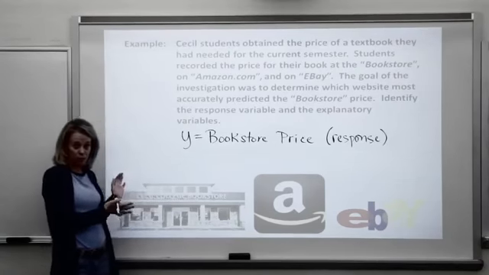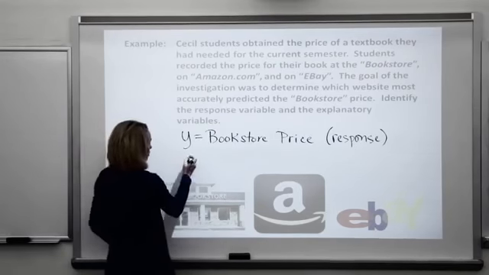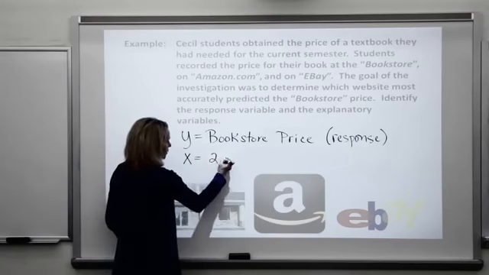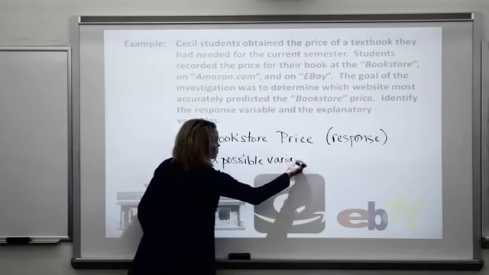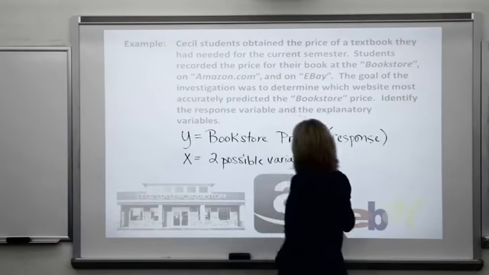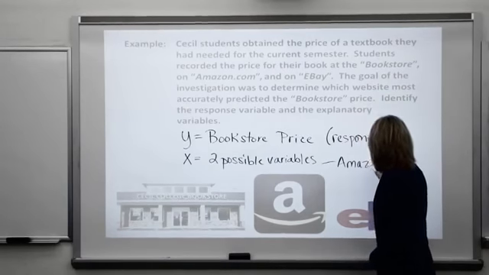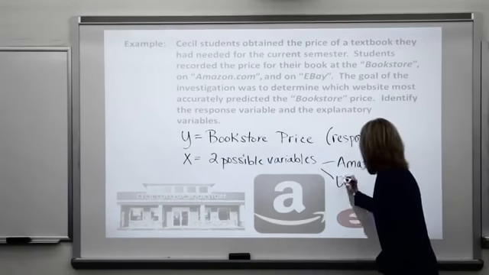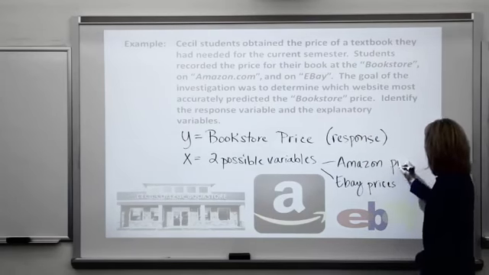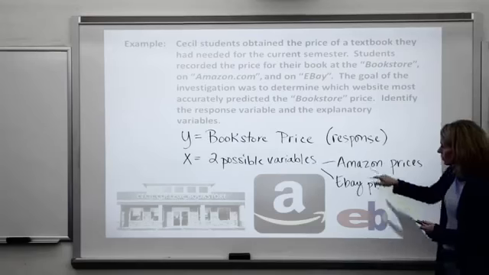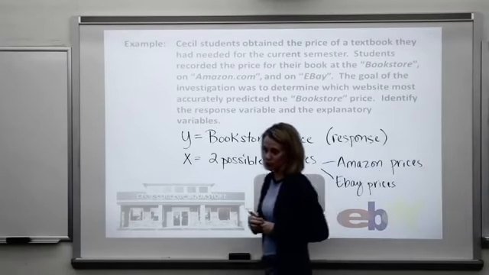We'd probably make 2 separate scatter plots, and then we could see how those different relationships look. So for X, there are 2 possible variables. You could use Amazon prices or eBay prices. And so either one of these you'd be using to help explain or predict bookstore prices.